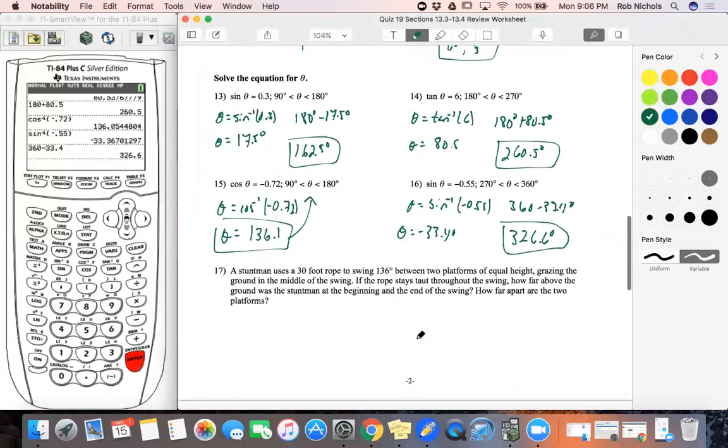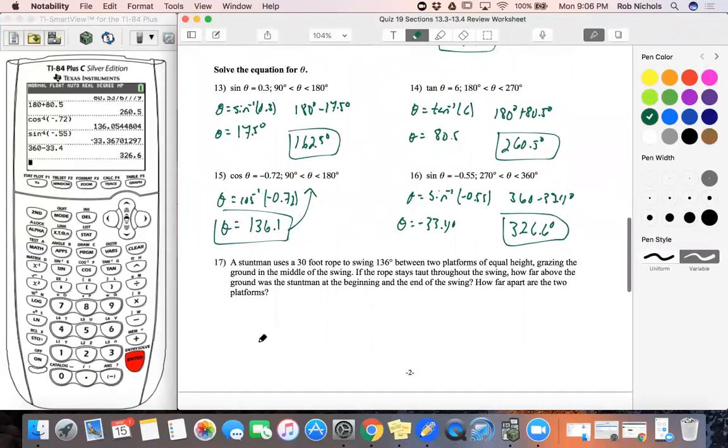All right, and then number 17. A stuntman uses a 30-foot rope to swing 136 degrees between two platforms of equal height, grazing the ground in the middle of the swing. Okay, so we have a platform here, another platform here. We have a stuntman up here, and he has a rope.